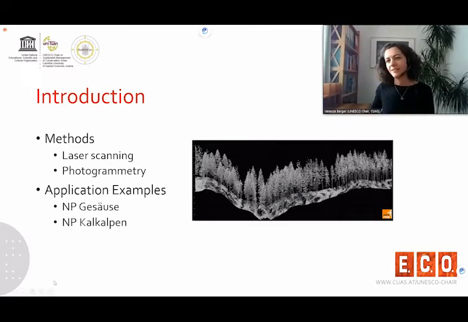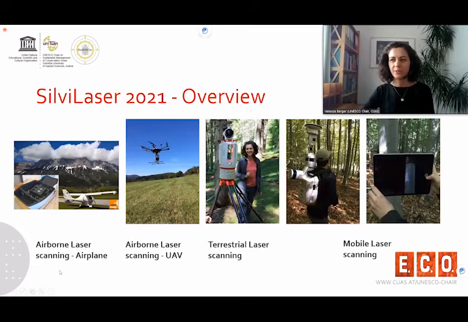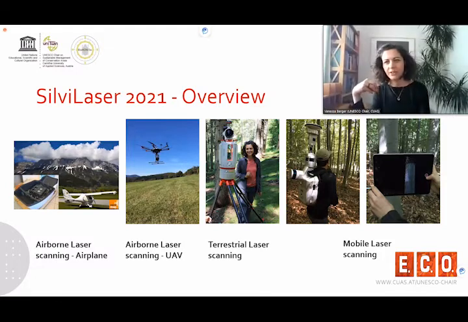At the Silvilaser conference, we got a good overview of different technologies. We are working at ECO for a long time with airborne laser scanning from an airplane. If we are talking about laser scanning, we talk about point density and point clouds.